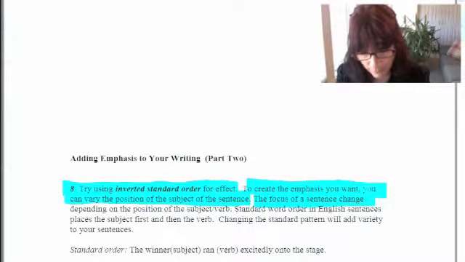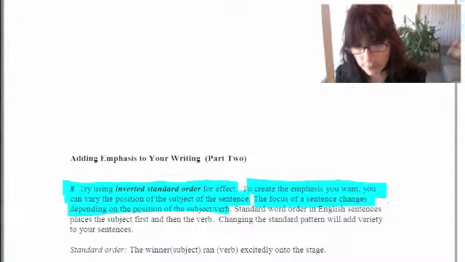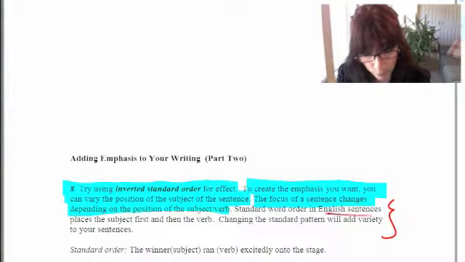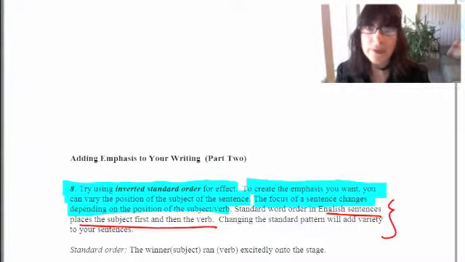The focus of a sentence will change depending on the position of the subject and the verb. Standard word order in most English sentences is the subject first and then the verb. That's very standard, and that's a good way to write, but sometimes you want to change that up.